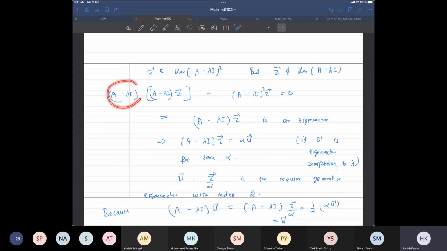When you multiply this vector with A minus lambda, you get a 0. That means this vector is an eigenvector. That means it is in the kernel of A minus lambda, so it will be spanned by U, right? Because the kernel of A minus lambda is spanned by U.